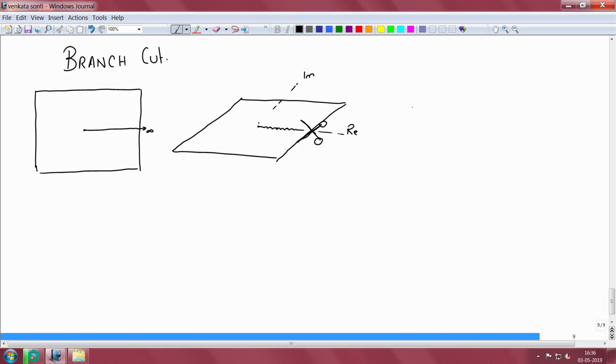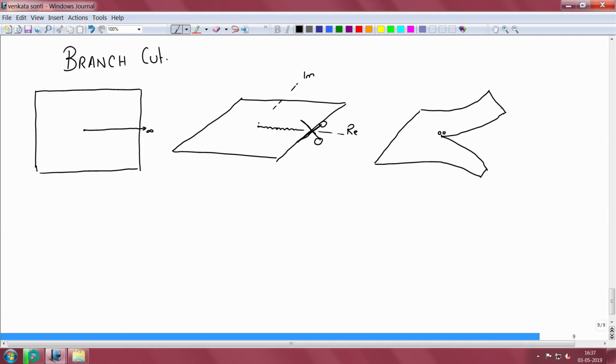It looks like this. Okay, this is still the origin. Okay, two portions are separated out.